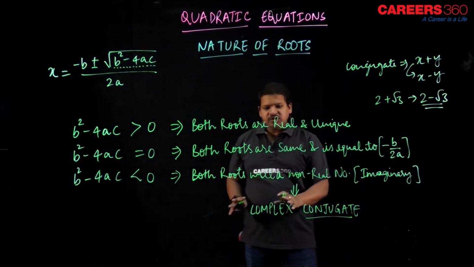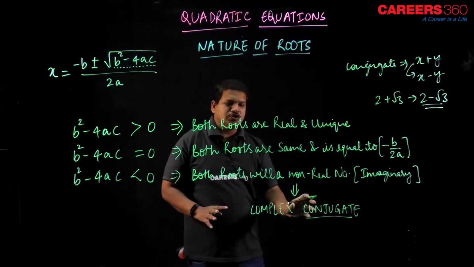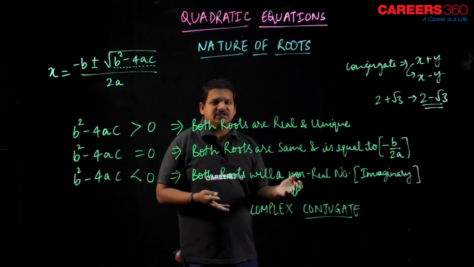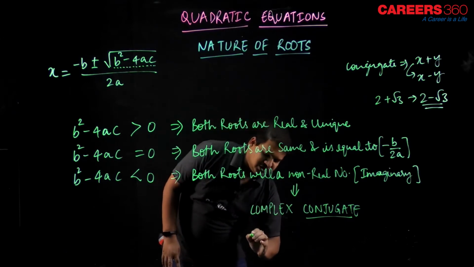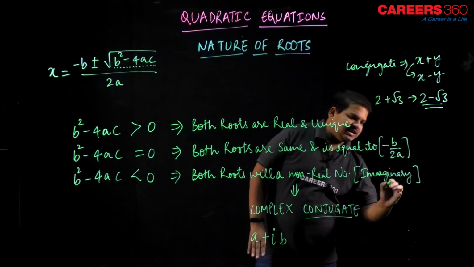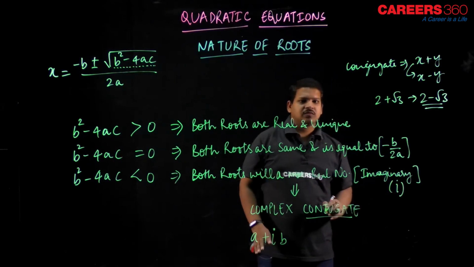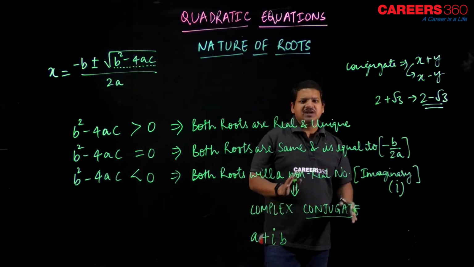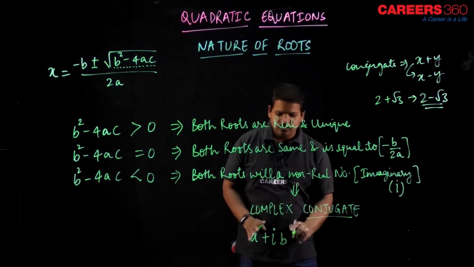Now what is meant by complex conjugate? Let's consider a complex number. The general form of a complex number is a plus iota b. Iota is an imaginary number, right? You will learn that in higher classes, so no need to worry about it.